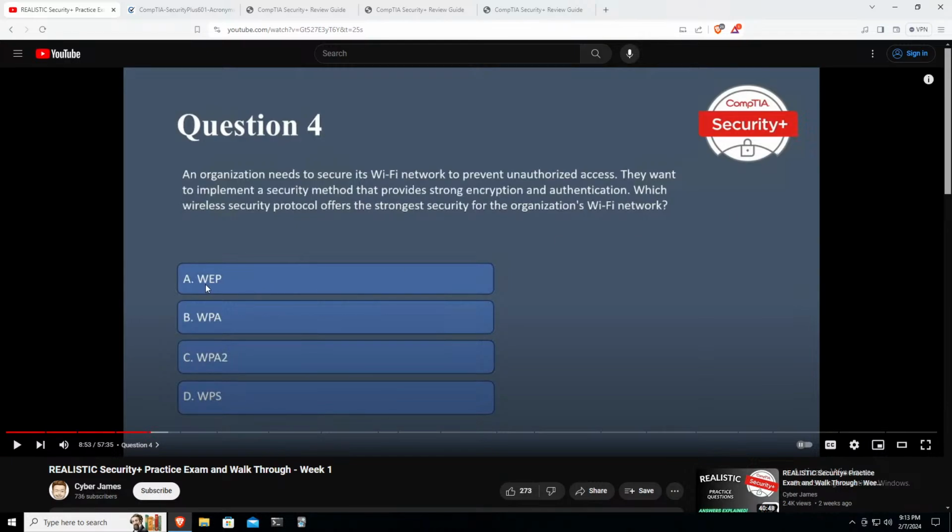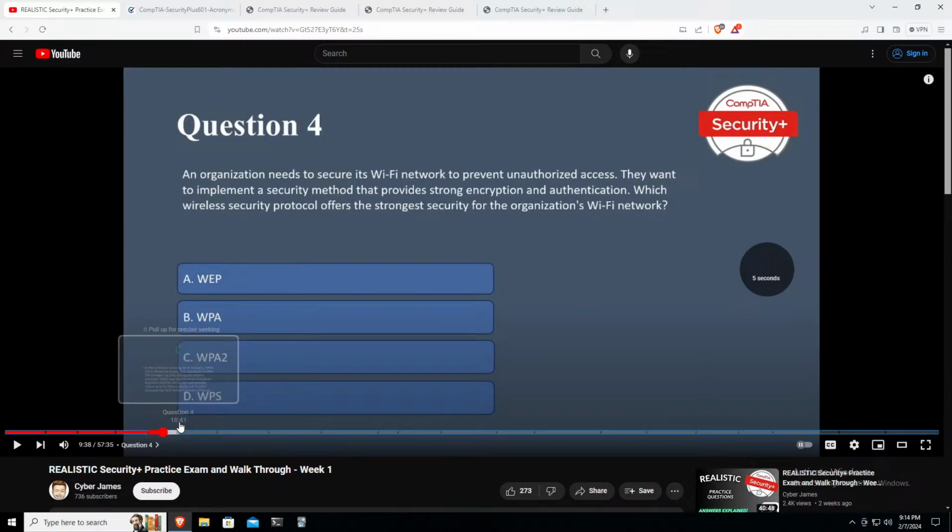This is an old standard, WEP, and then there's WPA, and then WPA2, which is the latest one in this list, and is the one that a lot of not current, but older, I'd say seven, well, maybe like 5-year-old tech would be using. In the networking space, I think the correct answer here is C, offers the strongest security for an organization's Wi-Fi.